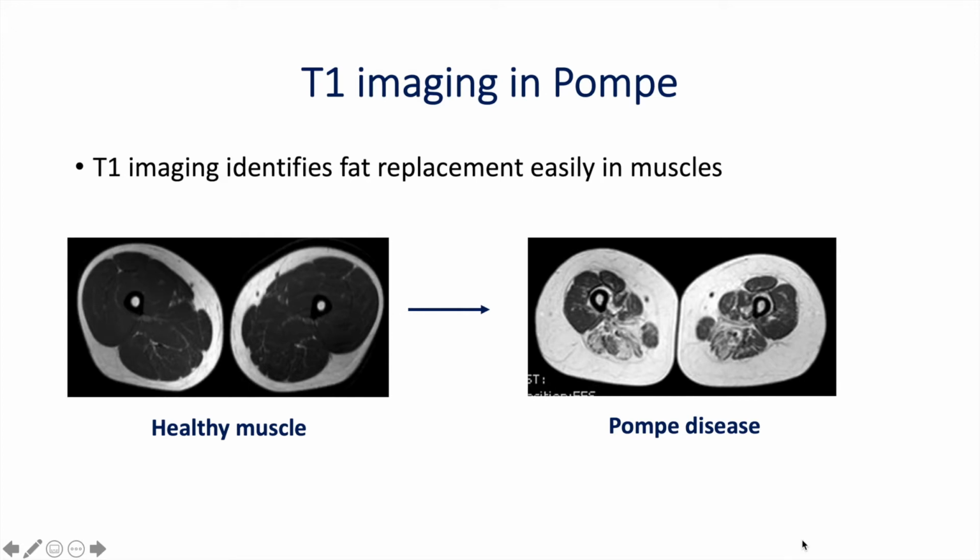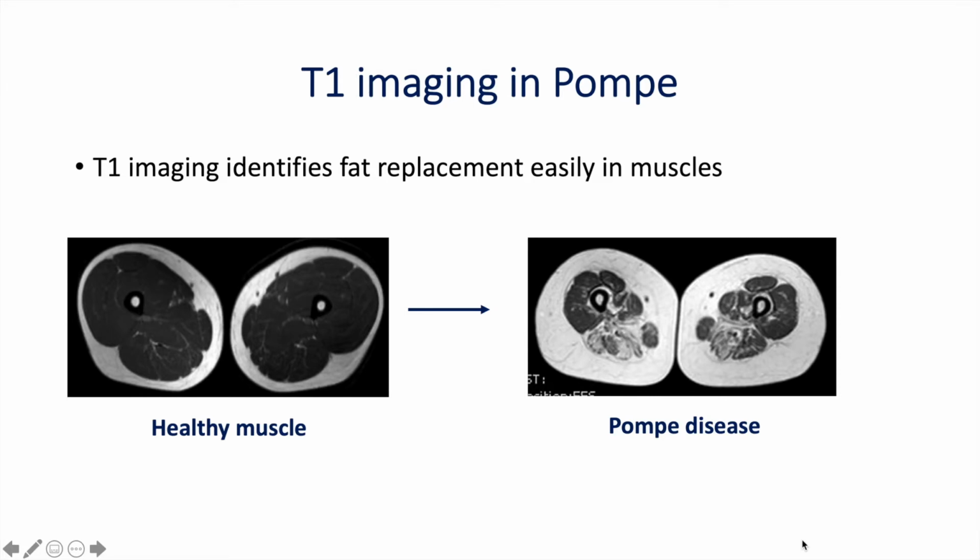The first one is from a healthy muscle, on your left, and you can see here the slice of the thigh, and you can see the skin and a lot of fat underneath the skin, and this is normal because we have a lot of subcutaneous fat tissue. And then the muscles that are in this gray or brown color, and then in the center of the muscles you can see the femur bone.